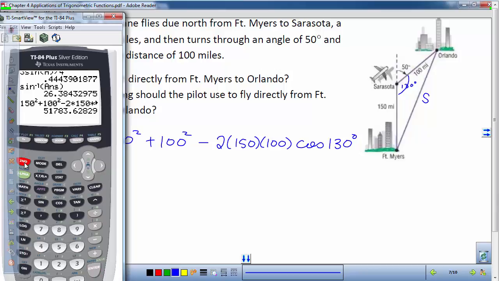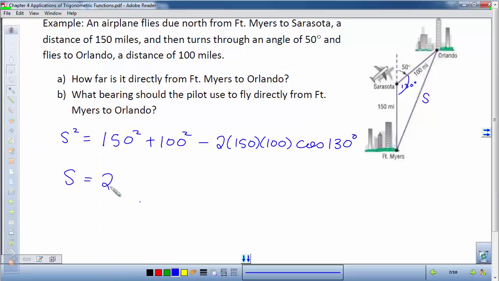I'm going to take the square root of that. So we get 227.6 miles, we'll say. S equals 227.6 miles. Questions about that? Okay, very good.